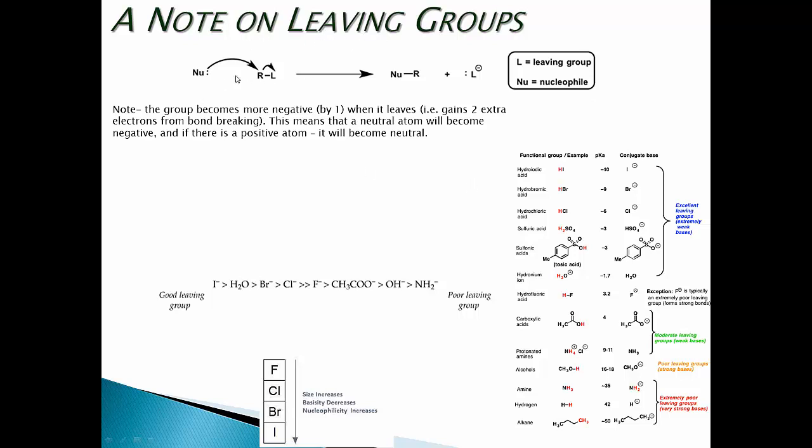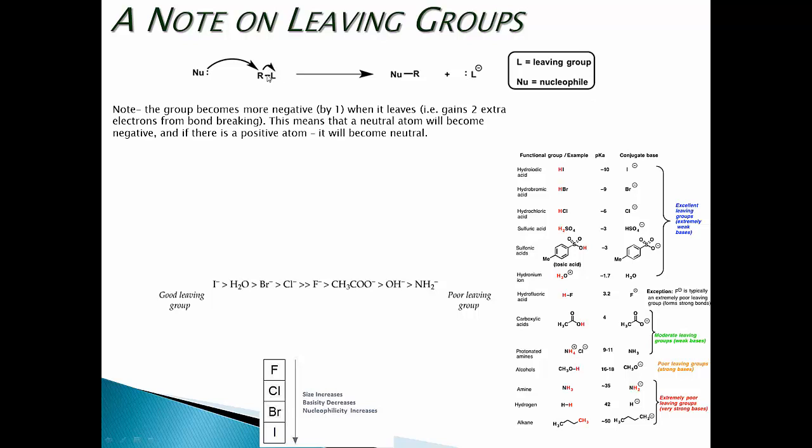So first of all, what is a leaving group? A leaving group is a group that's leaving a molecule and being replaced by something else. So in this example, we've got a nucleophile coming in, and the leaving group leaving. Here it's a neutral leaving group, so it gets a negative charge because it's picked up these 2 electrons from this bond.